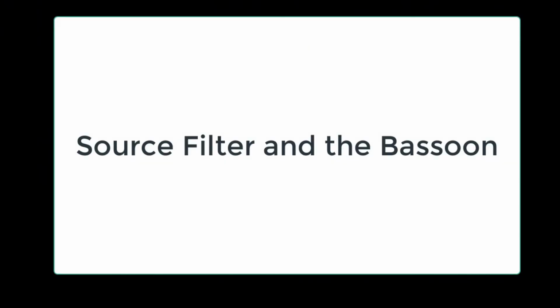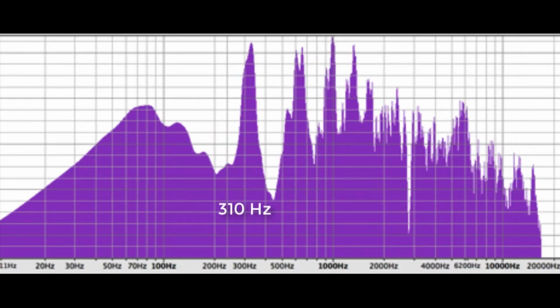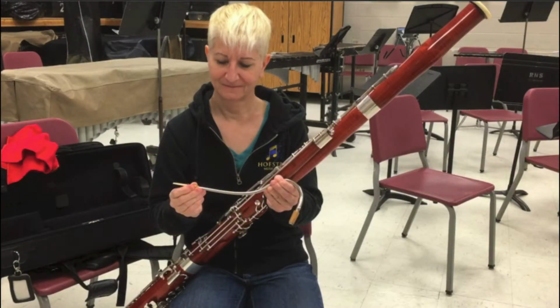Because the bassoon has such a large range, I thought it would be interesting to see how source filter theory plays a part in the timbre of the bassoon sound. Here's a spectrum of the bassoon reed playing by itself. There's a small tube that the reed is attached to called a bocal.